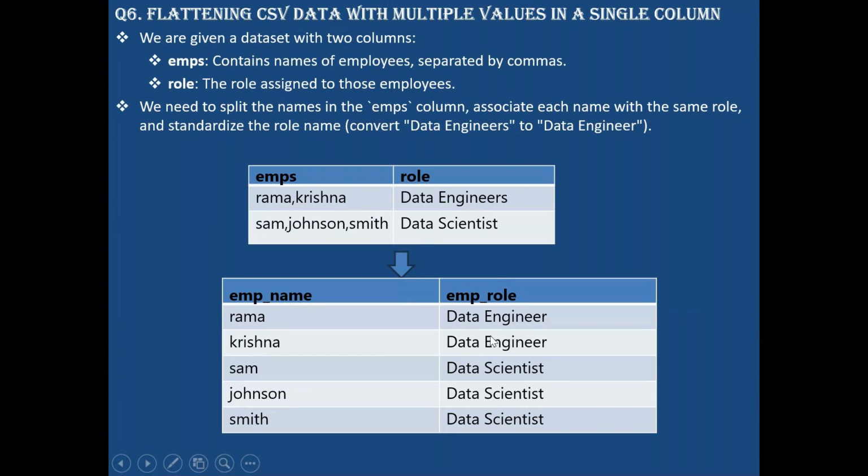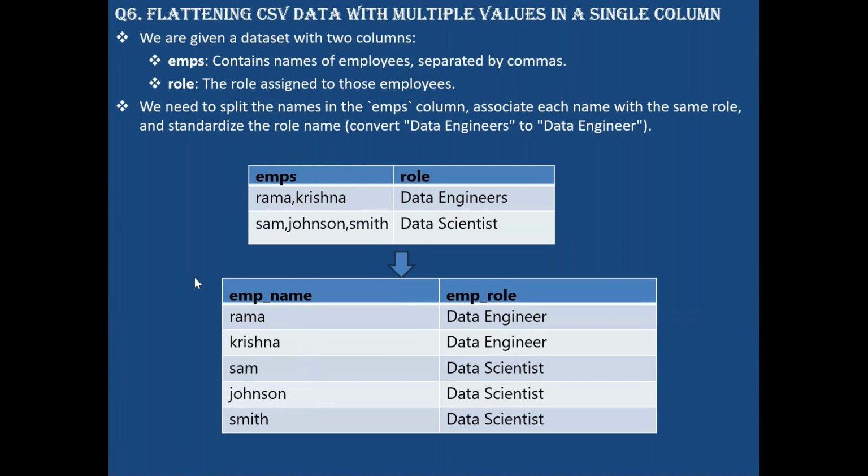The role name is already standardized here, but if you think of data engineers, Rama comma Krishna, which is basically data engineers, you can make it a data engineer: Rama data engineer, Krishna data engineer. Such things you can do, but ultimately our main goal is to flatten it and maintain an individual record for each employee. Understood, everybody?